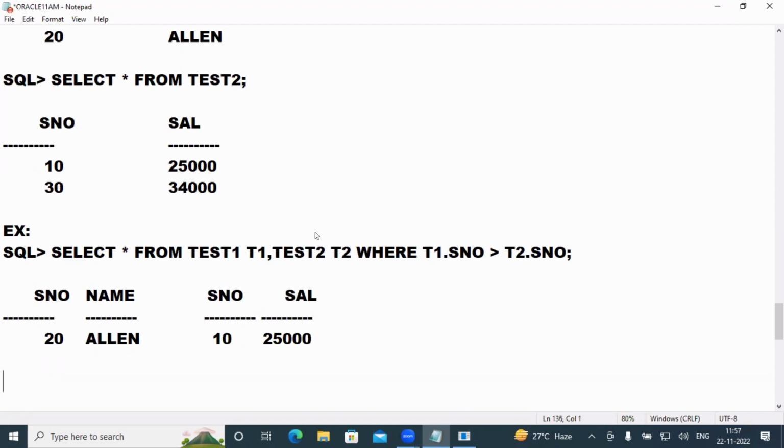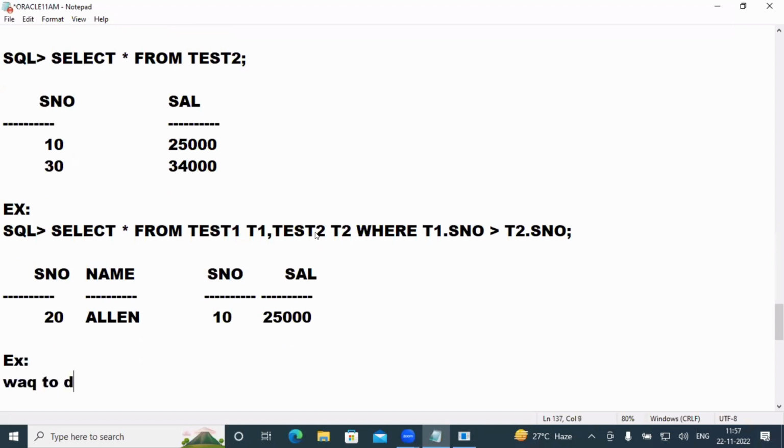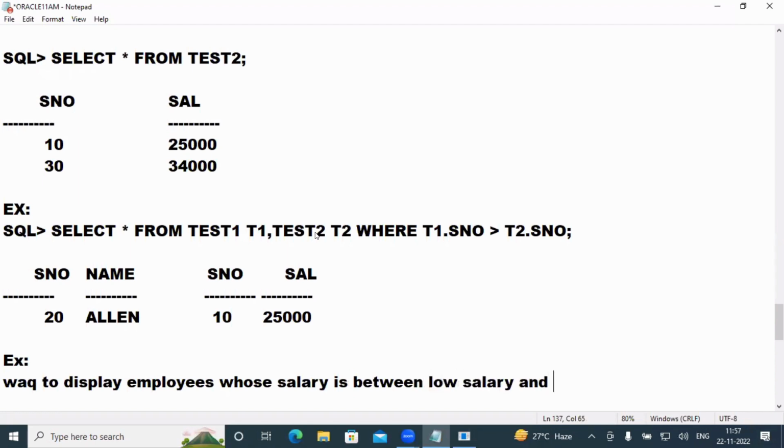And the next example, take it here. Write a query to display employees whose salary is between low salary and high salary.